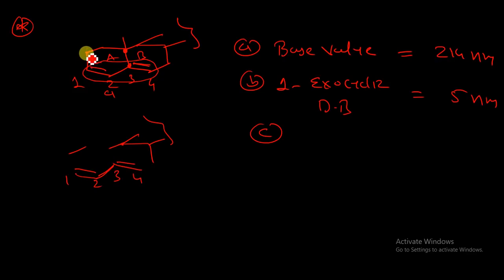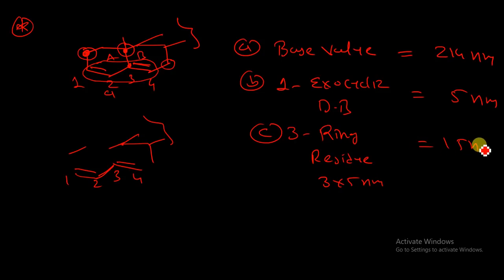Looking here, there is one ring residue, a second ring residue on the 3 number carbon atom, and a third ring residue on the 4th number carbon atom. So there will be a total of 3 ring residues present in the structure. So what I have to add is 3 into 5 nanometer, so there will be 15 nanometer.